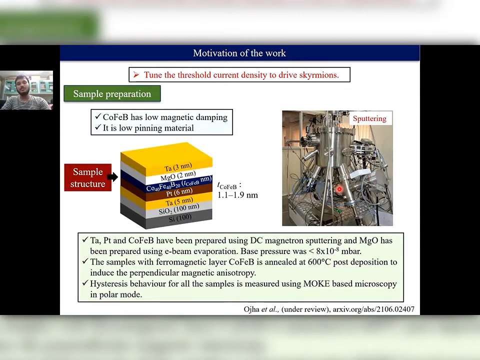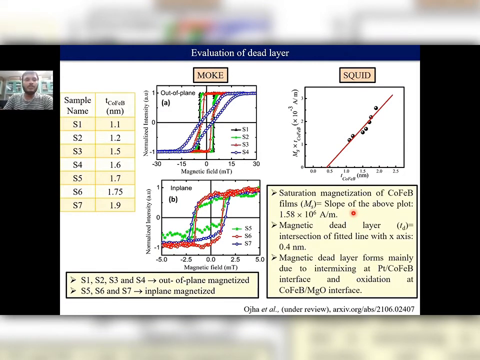After depositing the samples, we have annealed our samples at 600 degrees centigrade for 1 hour to induce the perpendicular magnetic anisotropy. We have performed MOKE microscope measurements to know the easy axis of magnetization of our samples.